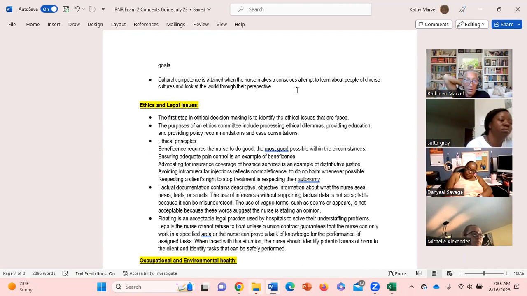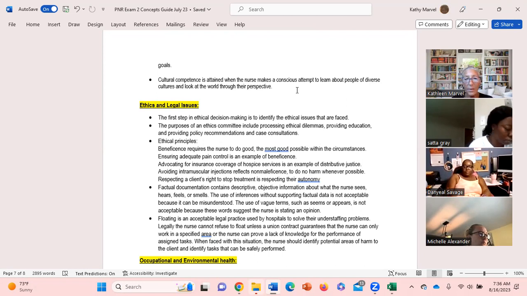Ethical and legal issues, right? The first step, obviously, think of your nursing process. The first step in ethical decision making is you have to have an issue. What are the issues that are being faced? That's your assessment. What's going on? Ethics committee.